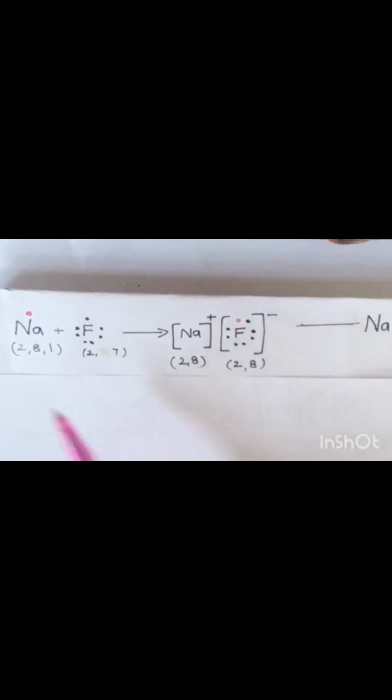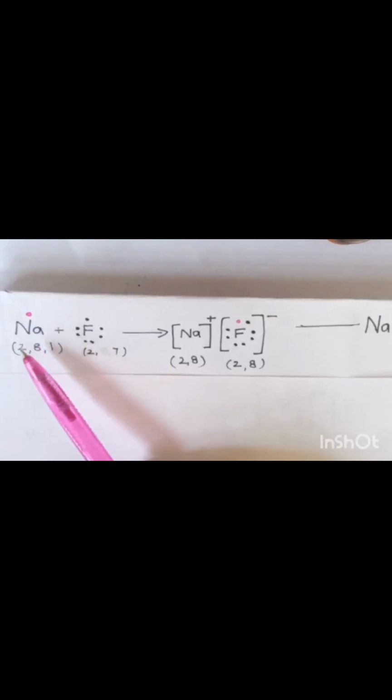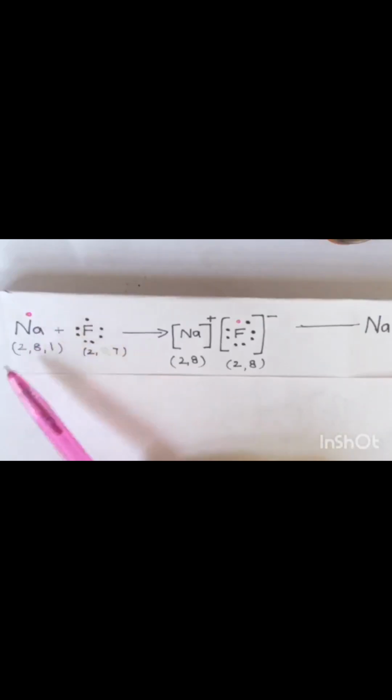What would be the electron dot diagram of ionic bonding in sodium fluoride? You know that sodium has only 1 electron in its outermost shell. In dot diagrams, we represent only the outermost shell electrons. That's why for 2, 8, 1, this 1 electron is represented here. And fluorine is 2, 7, with atomic number 9, so fluorine has 7 electrons.